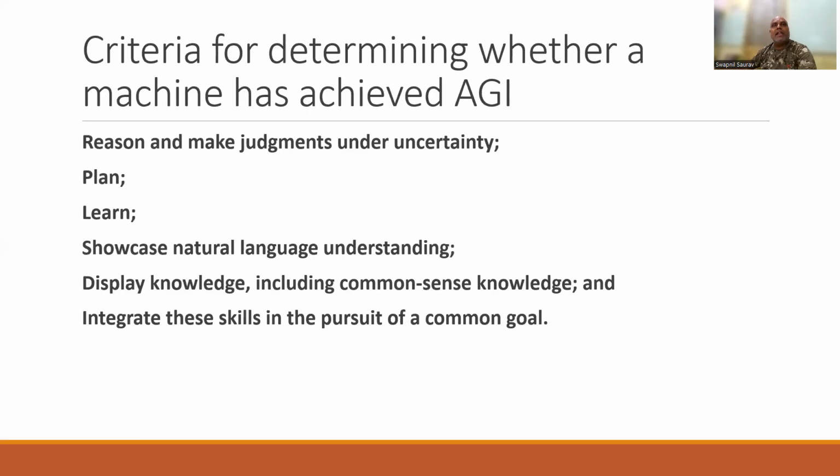So some of the criteria for determining whether a machine has achieved AGI is whether the machine has the following capabilities: reason and make judgments under uncertainty, plan, learn, showcase natural language understanding, display knowledge including common sense knowledge, and integrate these skills in the pursuit of a common goal.